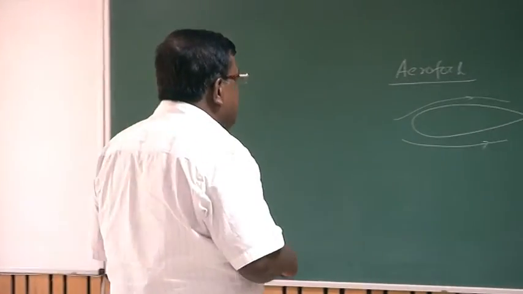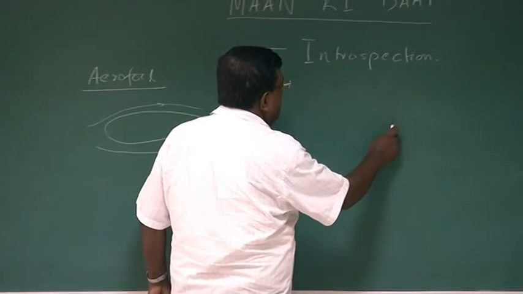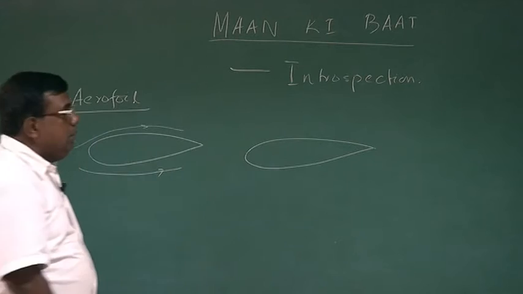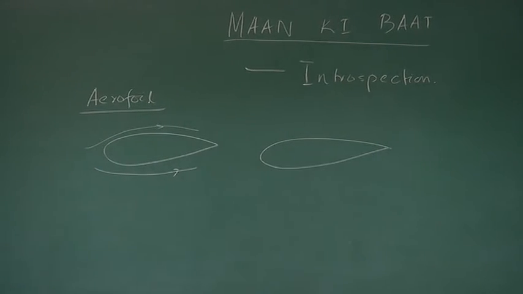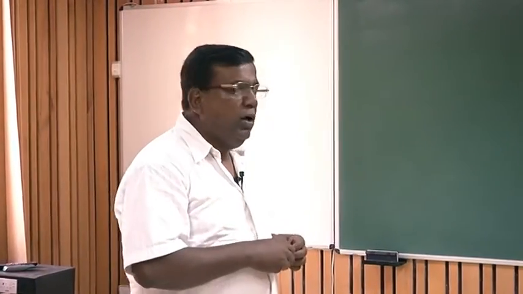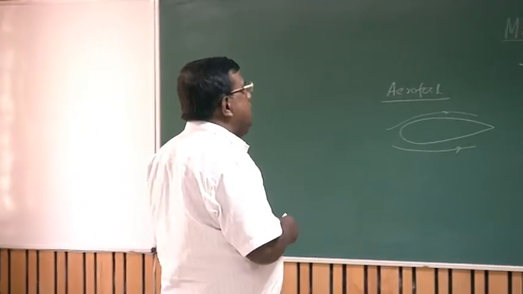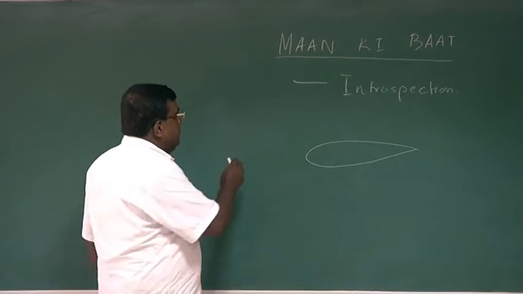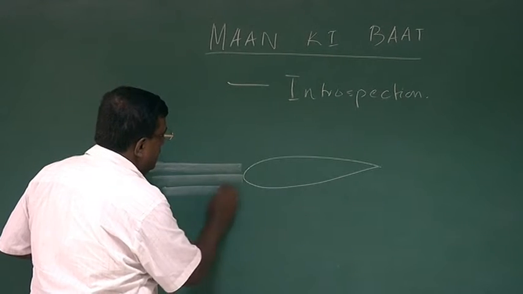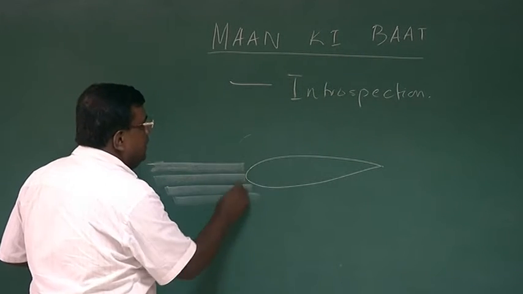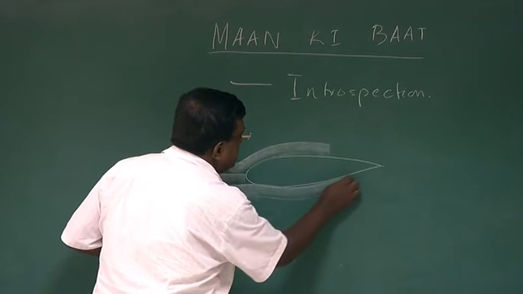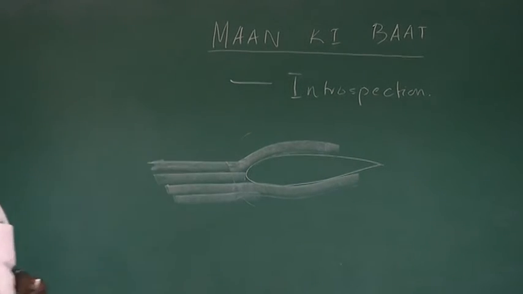In that we defined something called streamline. We didn't define streamline explicitly, we want to define streamline in a little more explicit manner, but without going much into the details. What actually happens? Suppose the fluid flow is coming like this. Here, some fluid will go like this, some will go like this, right?